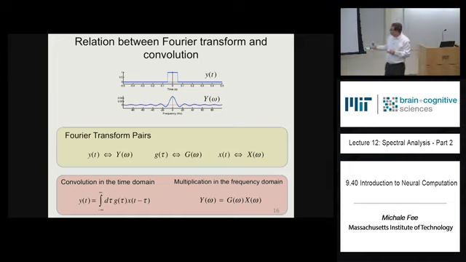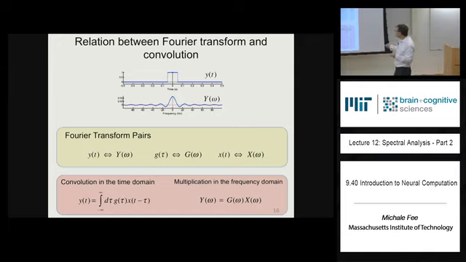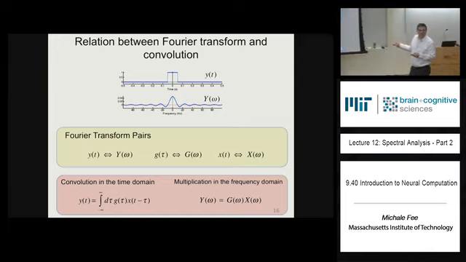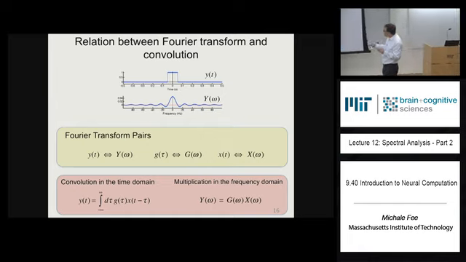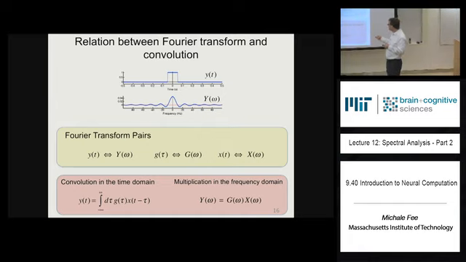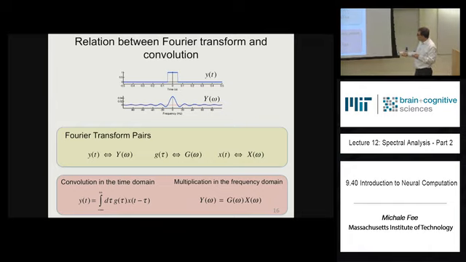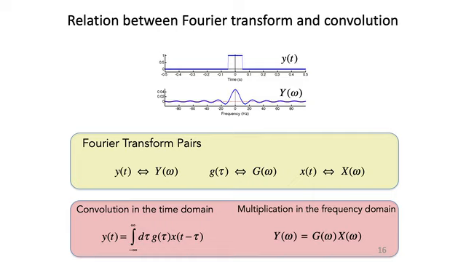So remember, we can write down the convolution of this time series, x, with this kernel G as follows. In this case, we're defining y as the convolution of G with x. So y of t equals this integral d tau G of tau x of t minus tau, integrating over all tau.